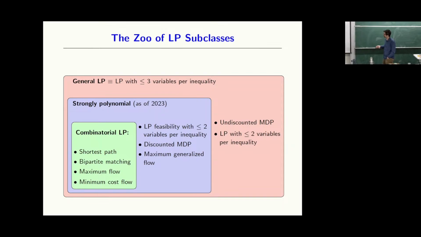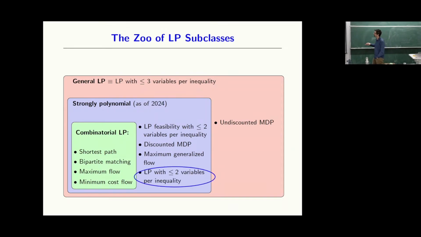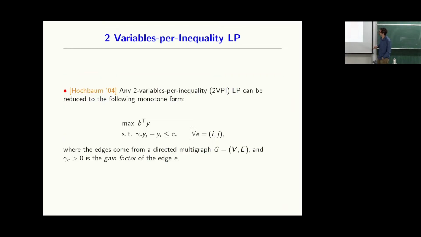Yeah. Okay. So what we did is we brought the optimization version of linear programs with 2 variables per inequality into the fold, and so I will tell you more about that.